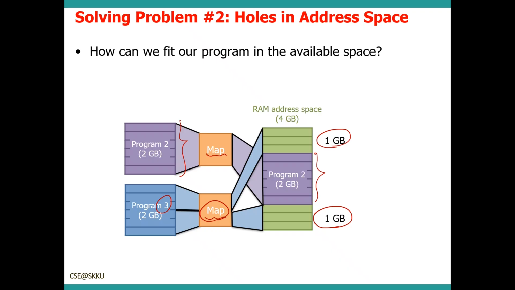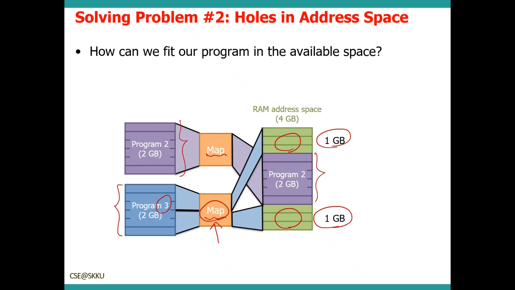So contiguous virtual address space can be allocated on separated physical memory space because we use memory mapping technique in the virtual memory scheme. So we can solve the memory hole problem.